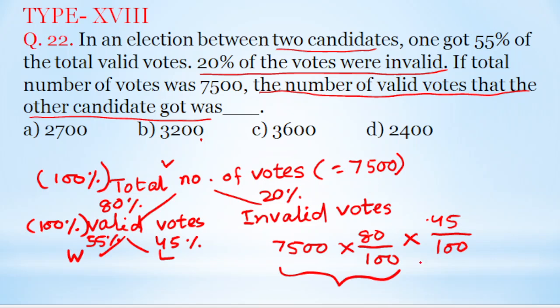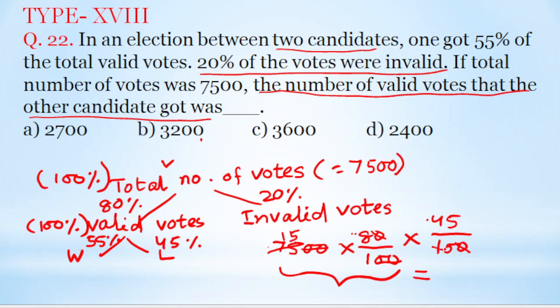After solving, this 20 cancels with this 20, and here this 0 cancels this 0. When 75 is divided by 5, it becomes 15.